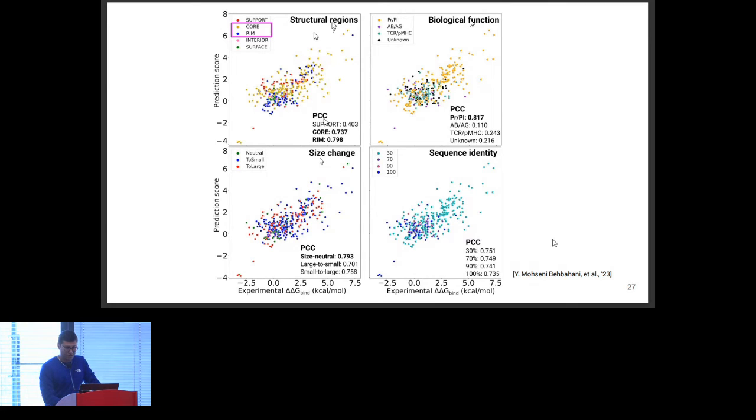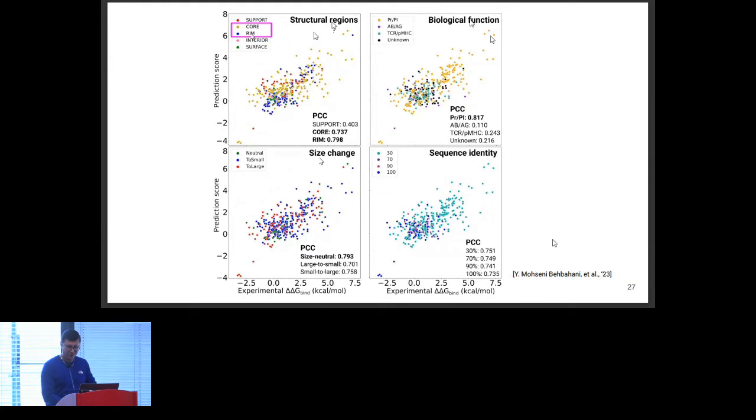For the structural region, we can see that the overall model performs well for the core and rim regions, although the majority of the samples here are mutations happening in these regions. And in our previous research, we observed the importance of residues belonging to core and rim in the formation of the protein complex.